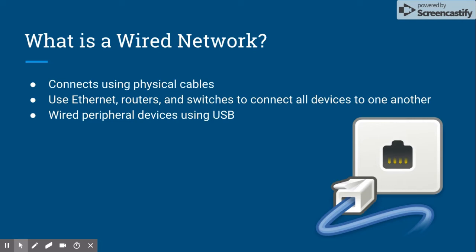These devices could be using Ethernet cables, routers, and switches that pull all of the devices into one another. The peripheral devices are connected using USB connections and other types of connections.